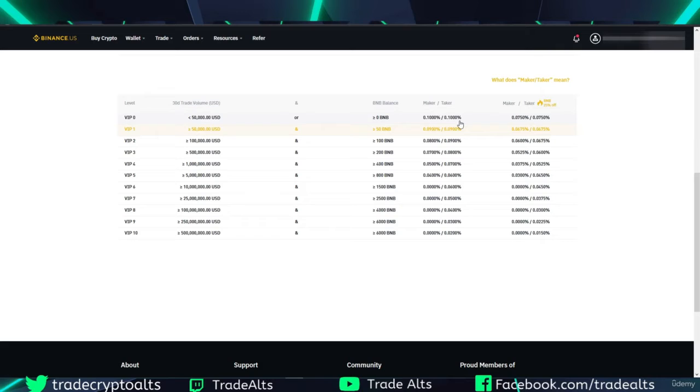Now, if you're on Binance US and you pay in BNB, meaning you hold the BNB token, which is Binance's native token for their ecosystem, and you're willing to spend it to pay your trading fees in BNB versus however else, like USDT if that's the pair you're trading, you can actually save 25% just by doing that.